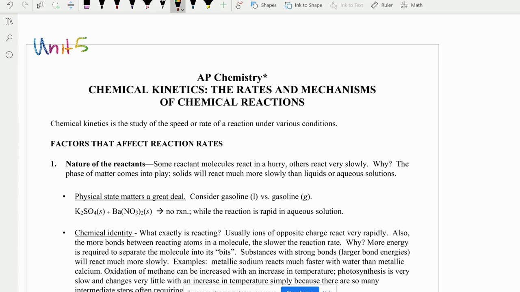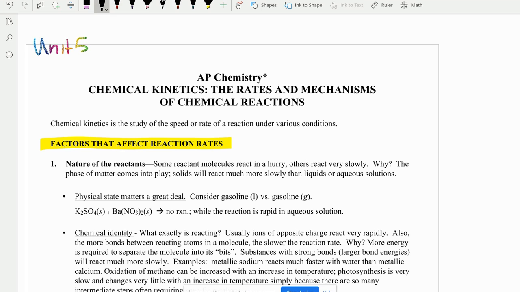You want your AP reference sheet, a writing utensil, and yes, this is the unit we are going to fire up those calculators and actually do some graphing. We're not going to do it in today's podcast, which is going to basically cover factors that affect rates of reaction, but we will certainly be using those calculators and offering some tutorials on how to do graphing in a couple of podcasts coming up.